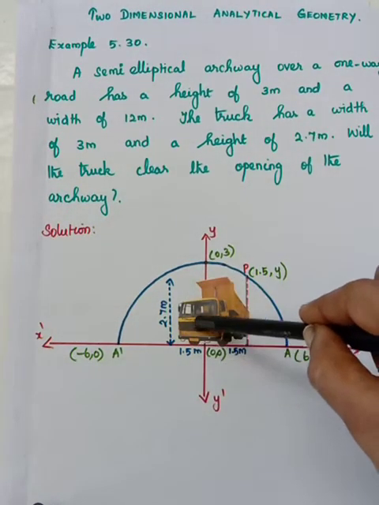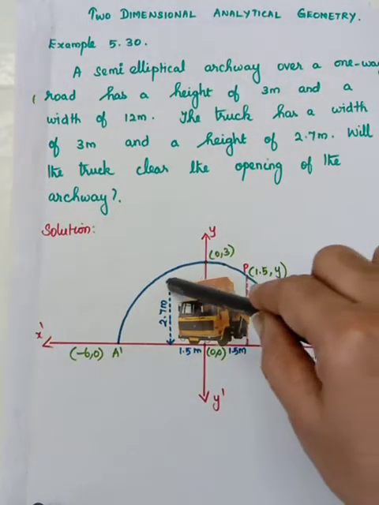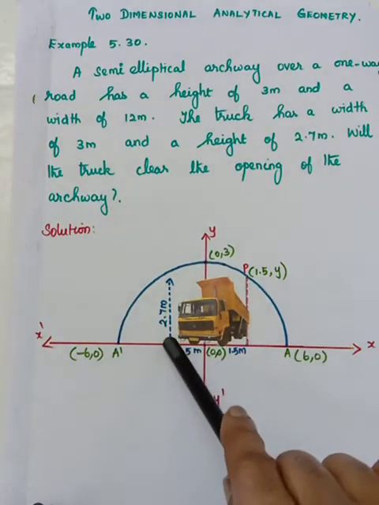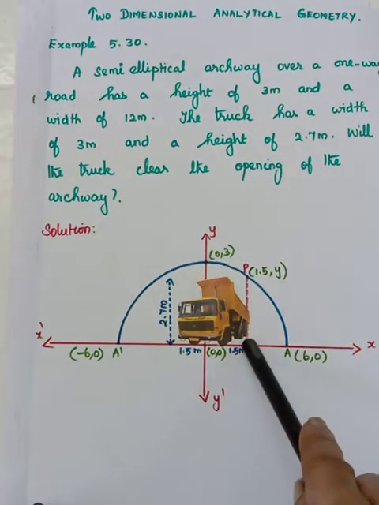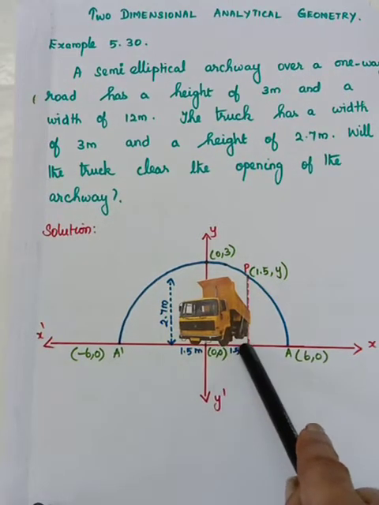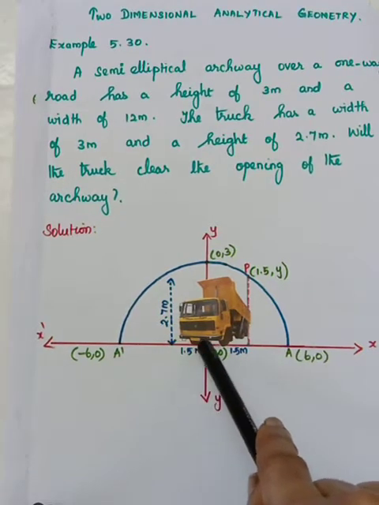From the center, the truck width is 3 meter. So from the center, on the right side, this distance is 1.5 meter, and in the same way, on the left side, this distance is 1.5 meter.